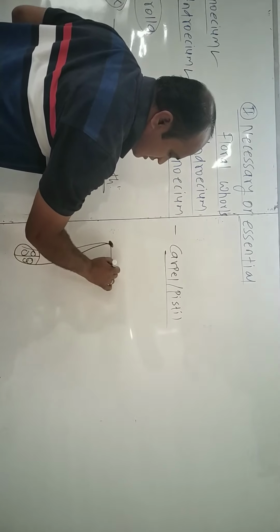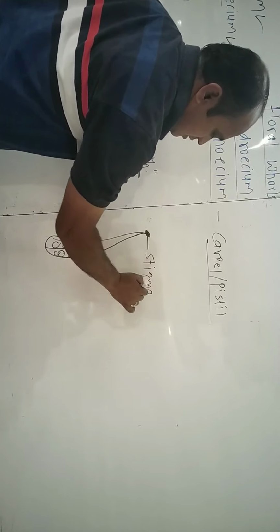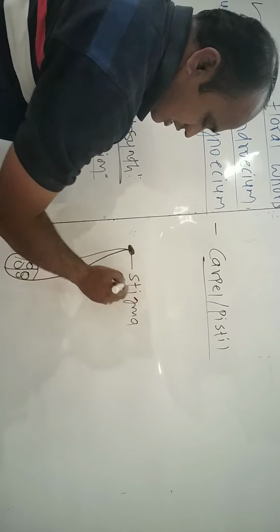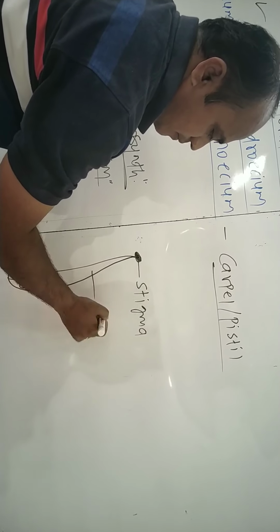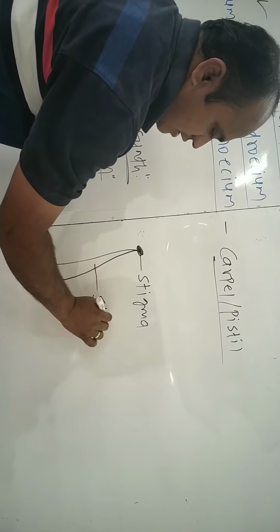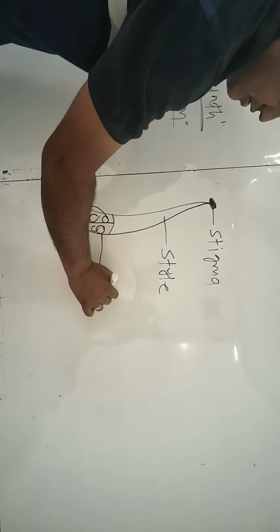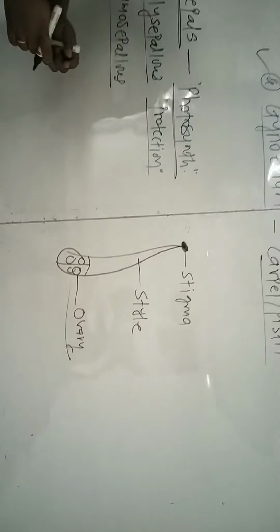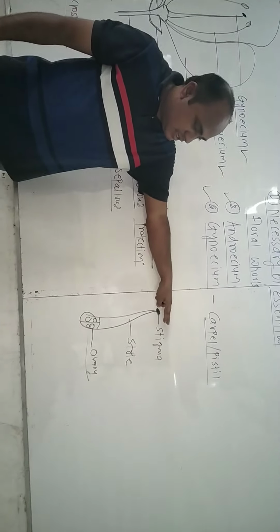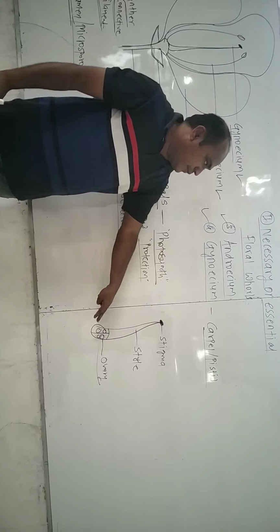The uppermost receptive part is called stigma, the middle tube is called style, and the lower vessel is called the ovary. Stigma, style and ovary.